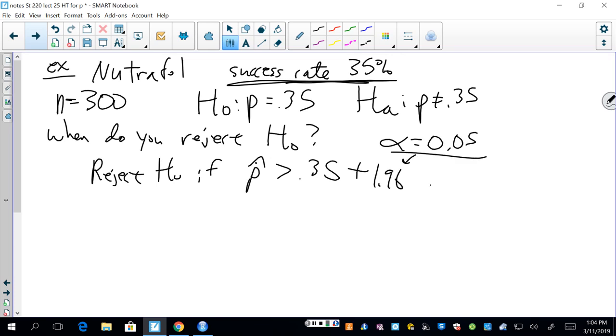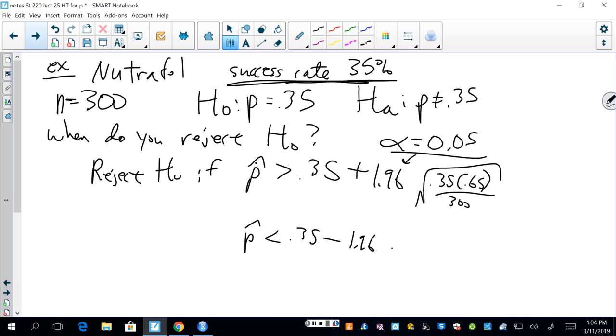And then 0.35, 0.65 over 300. We're going to reject then, or if P hat is less than 0.35 minus 1.96 times the square root of 0.35, 0.65 over 300. Get a couple of our cut points there.